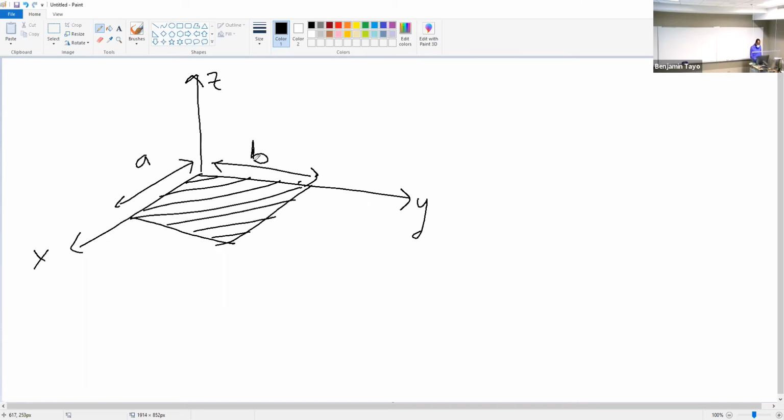Now, in this example here, I have an electric field that is pointing in the Z direction.